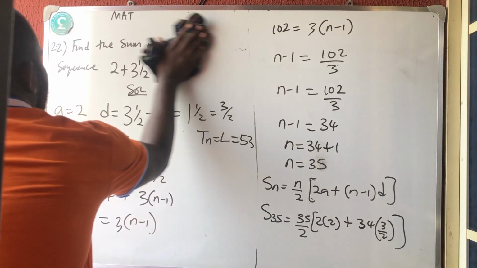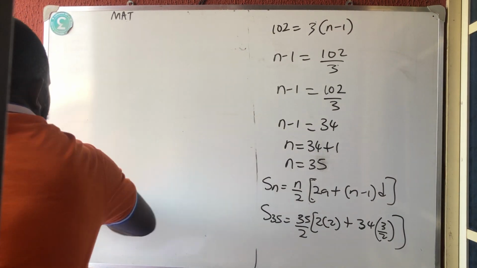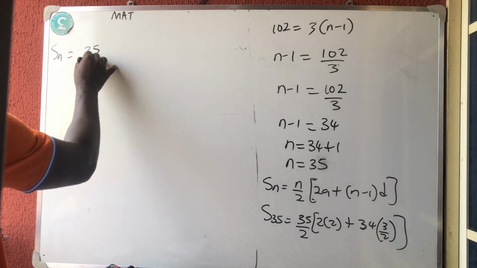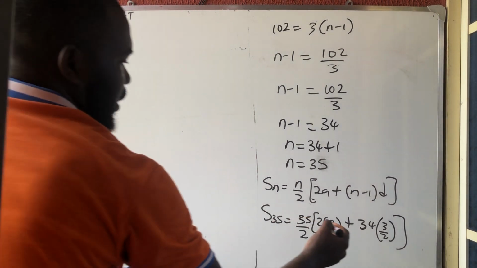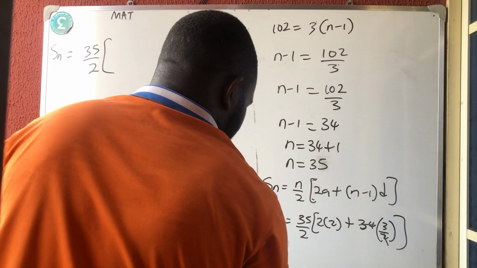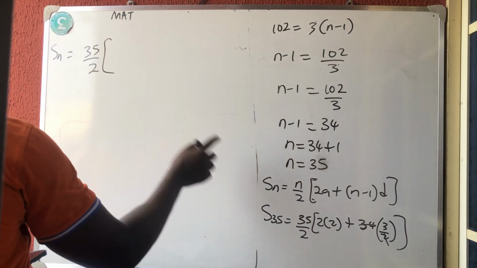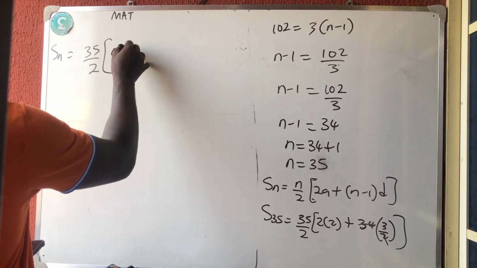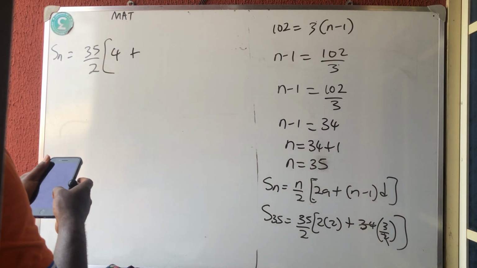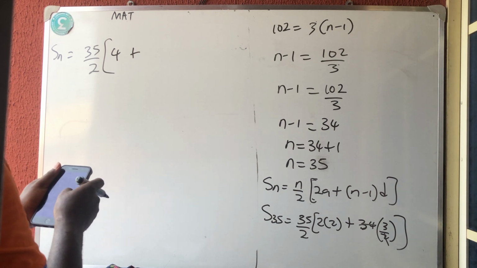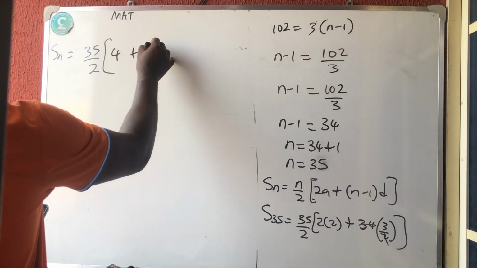So the sum of terms Sn is simply 35 over 2 into... in fact, the 2 cancels here and gives 17. Then 17 times this: 4 plus 34 divided by 2, so 17 times 3 is 51.